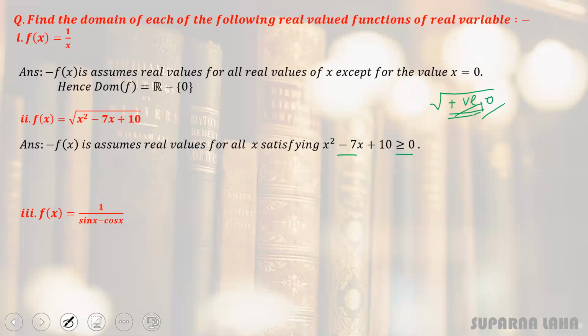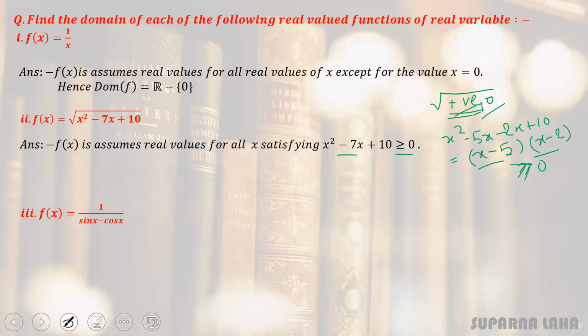Now factorize this term. So it will be x square minus 5x minus 2x plus 10. So that will be x minus 5 into x minus 2. So that means these two factors, x minus 5 and x minus 2, multiplied are greater than or equal to 0.